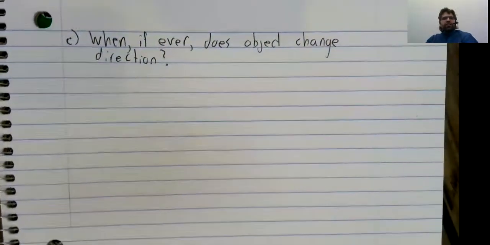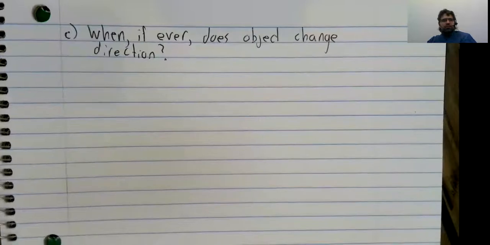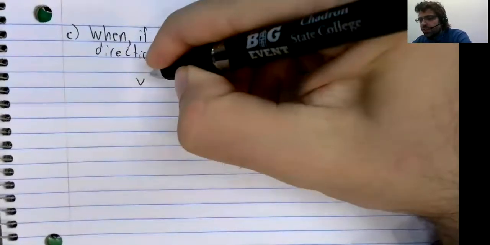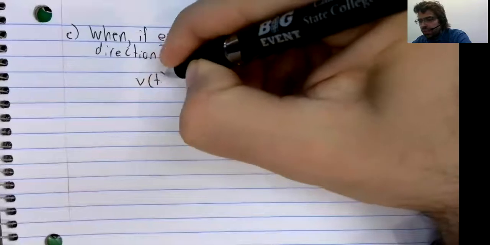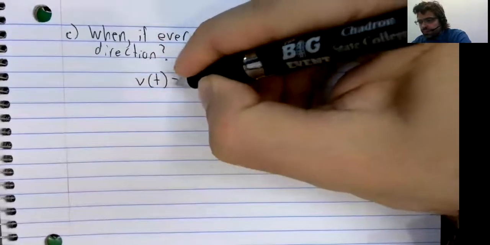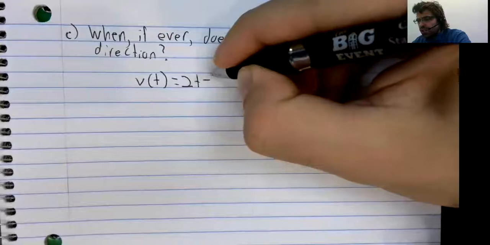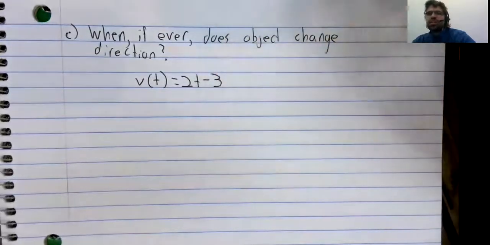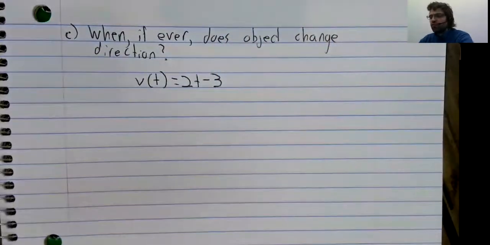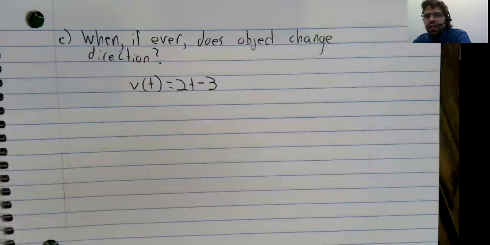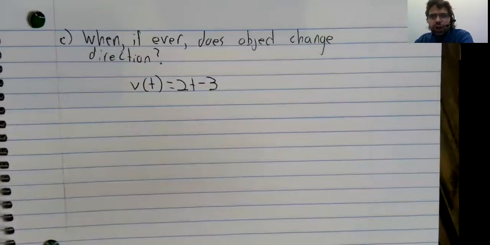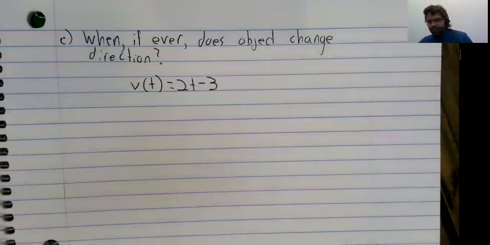And we can investigate this question by looking at velocity. Let me copy it down. The velocity is 2t minus 3. And remember that velocity is signed. It can be positive or it can be negative.